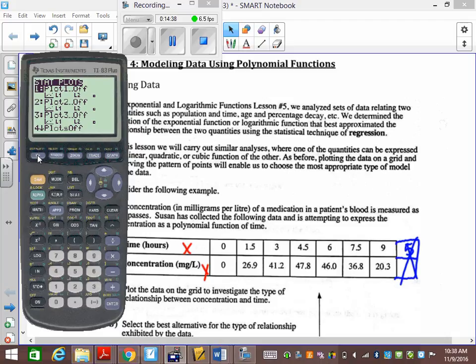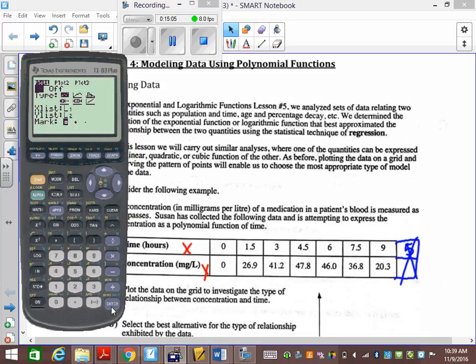Second window. Oh, second Y equals, sorry. And hit enter. And then you're going to turn it on. And just press graph. Y equals. So you're going to go second, stat plot, enter, and on.